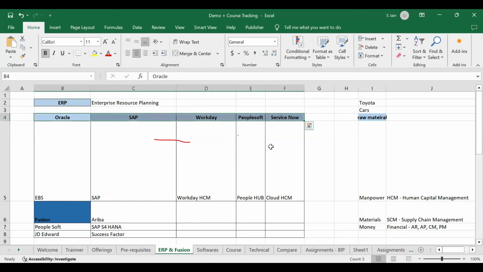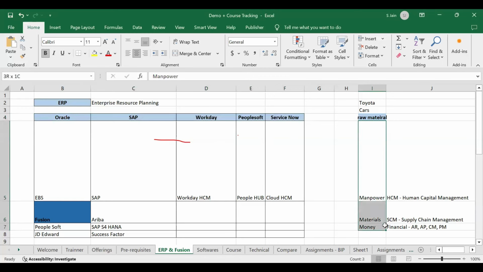There may be almost 200 plus ERP applications. These are a few of the highly used ones, and all of them are internally designed in such a way to manage resources that can be classified into three categories.